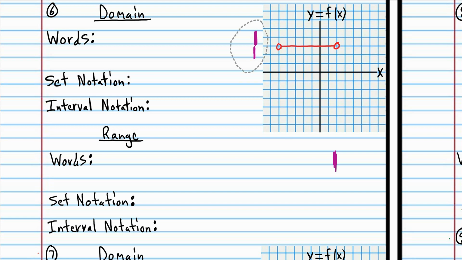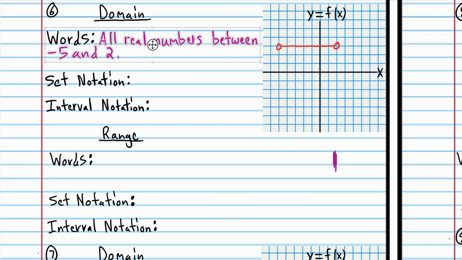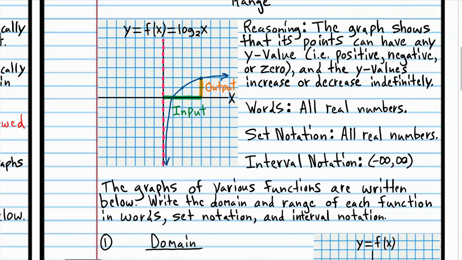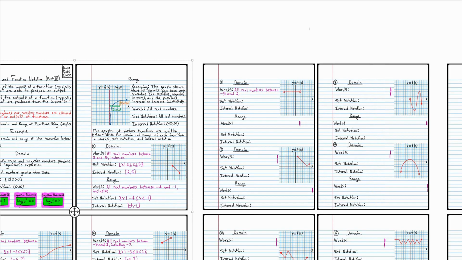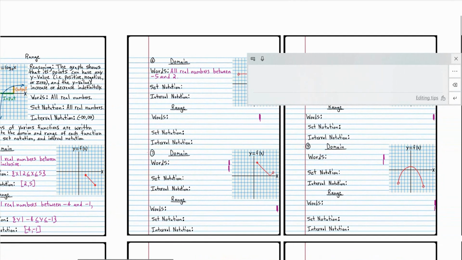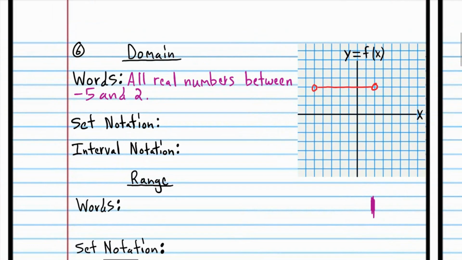Alright, we're back. The domain of that function represented by the graph is all real numbers between -5 and 2. If we write the domain in set notation, it's the set of all x values such that x is between -5 and 2.